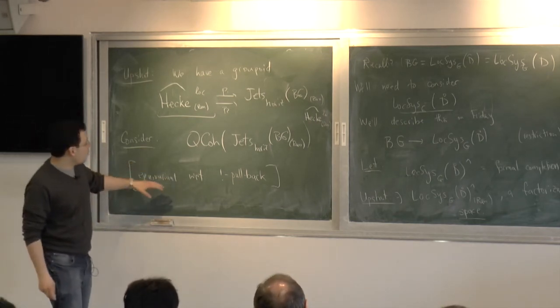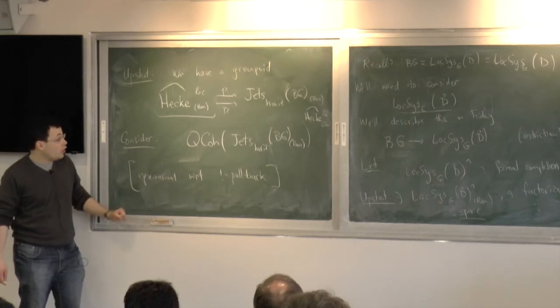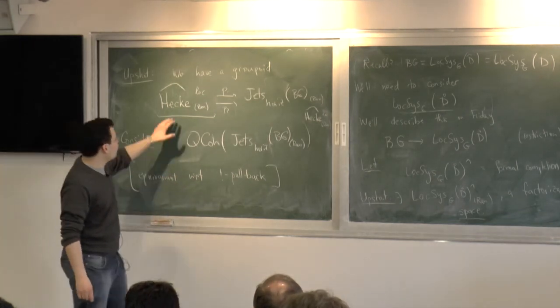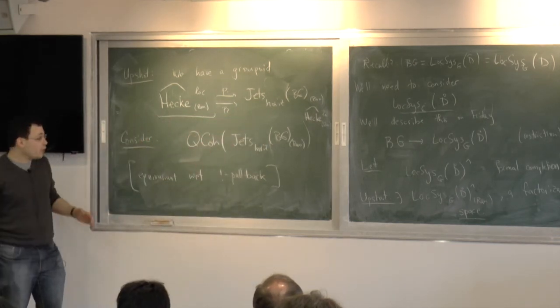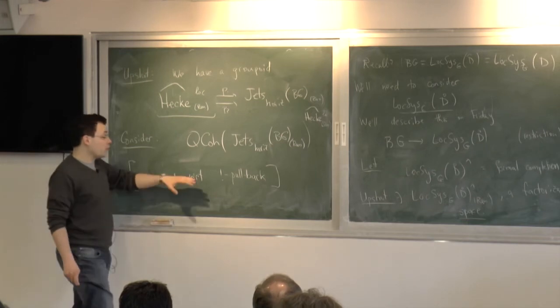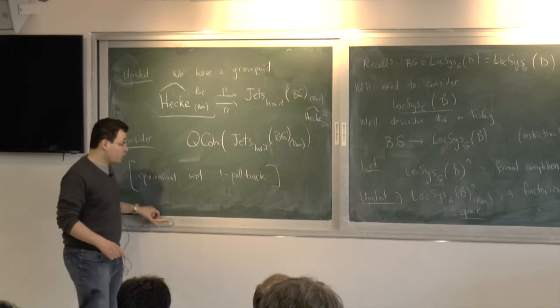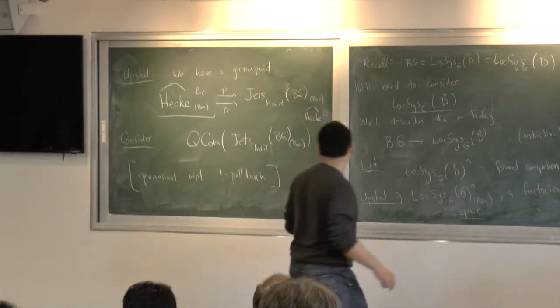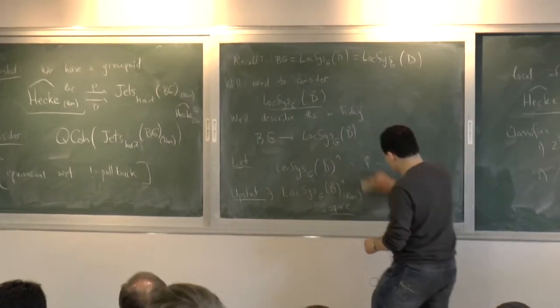You might ask, we only define shriek pullback on ind-coherent sheaves rather than quasi-coherent sheaves. But that's no problem because both of these maps are particularly nice. They're quasi-smooth maps, so there's actually a quasi-coherent version of the shriek pullback functor, which you can recover from the ind-coherent one. So this makes sense.